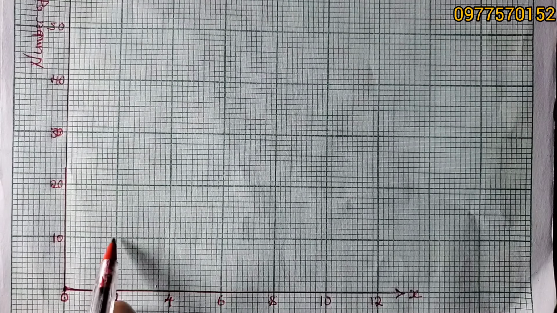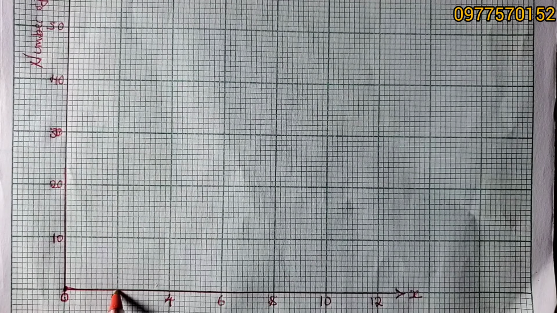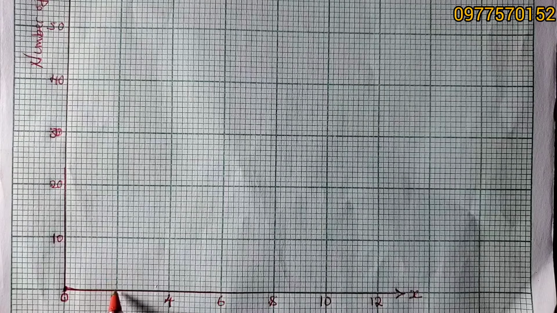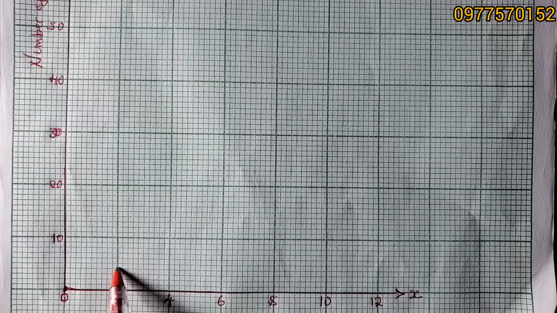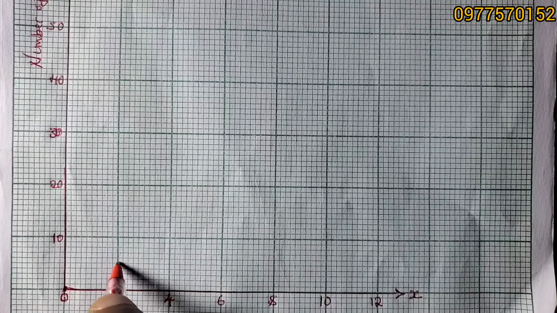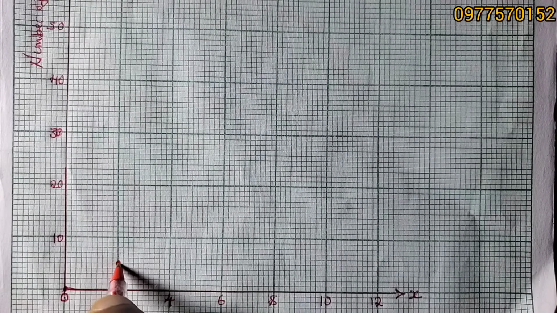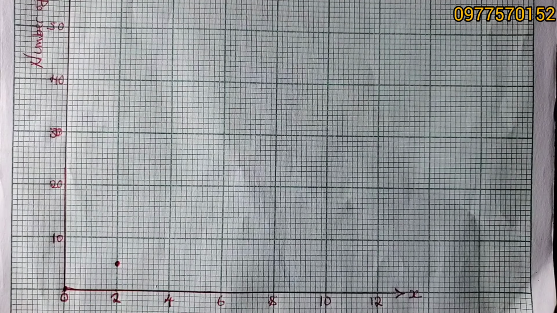If 2 is here, then 10 here. It means that each box here is 1. So you have 1, 2, 3, 4, 5, 6, 7, 8, 9, 10. Since it's 2, 5, it will be 1, 2, 3, 4, 5 here. You indicate nicely. This is where 2, 5 is.